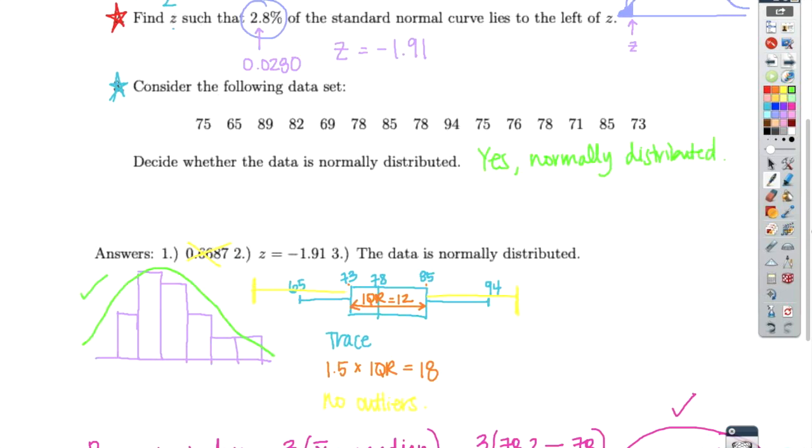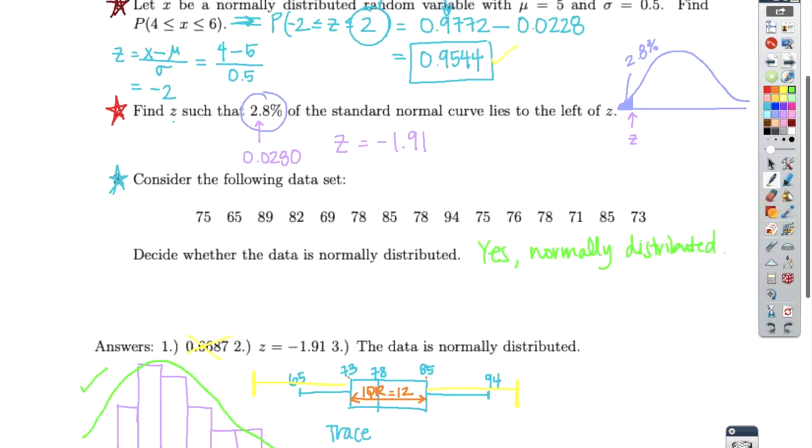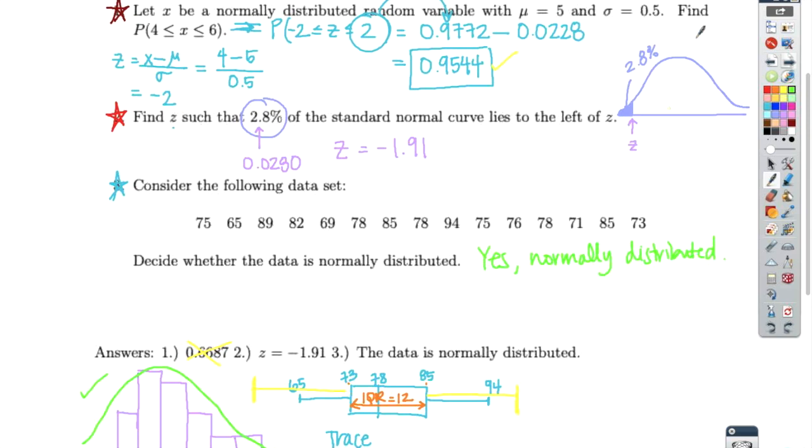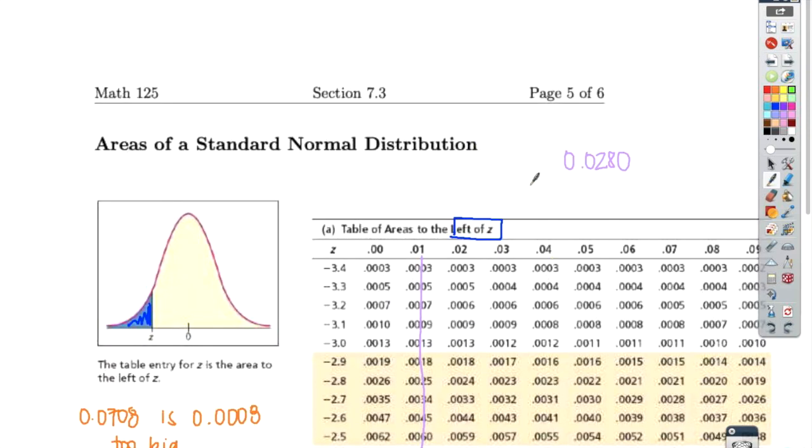Okay, so you're now ready to do section 7.3 homework. Keep this table with you. We're going to need this for the entire rest of the chapter 7 notes. You also have this in your formula packet, like the one that you'll use for the test, but definitely keep this with you. We're going to use it a ton.